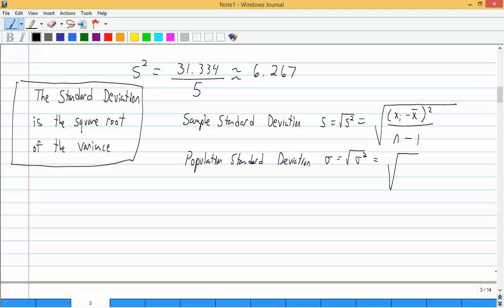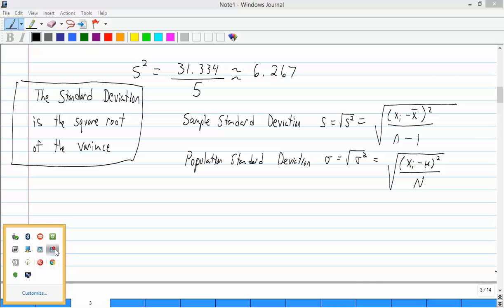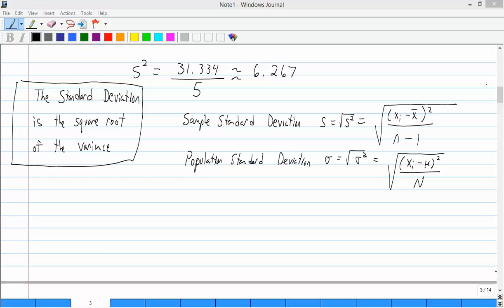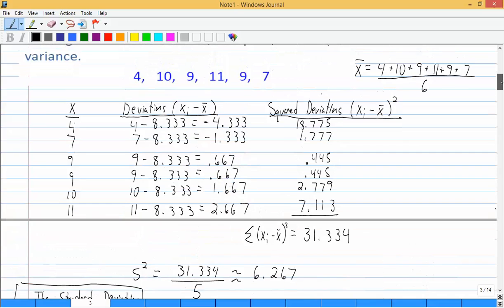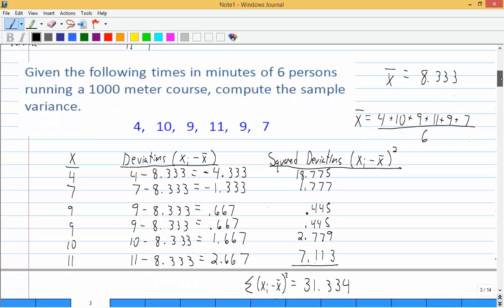So it's the square root of the formula for population variance. Okay? So let's take this same problem out of the ebook and let's find the sample standard deviation.